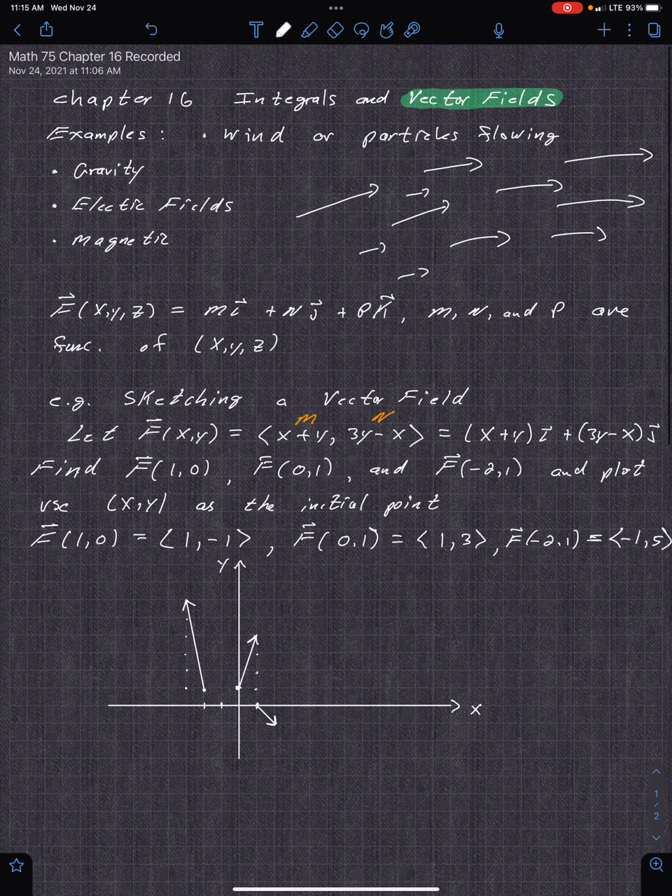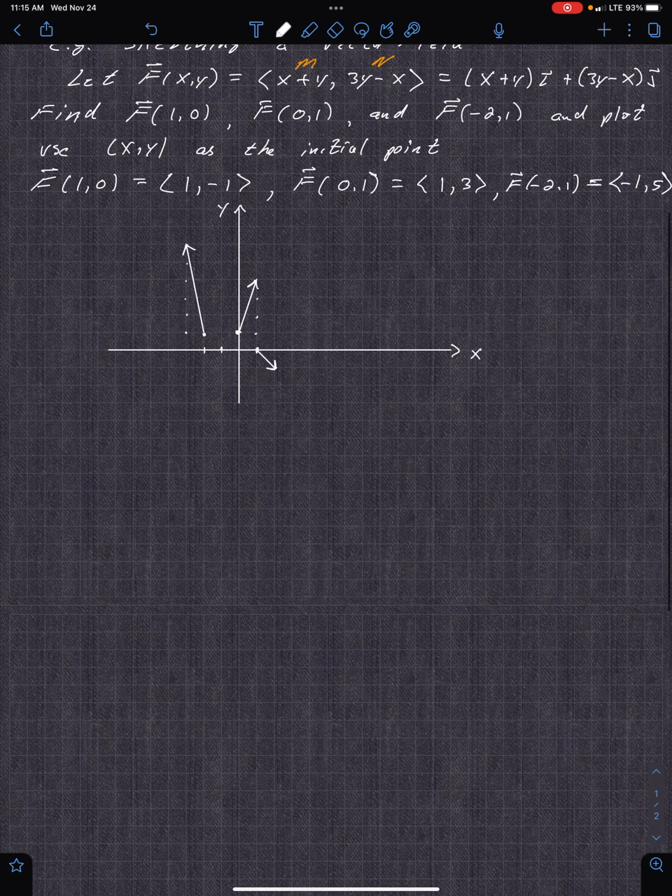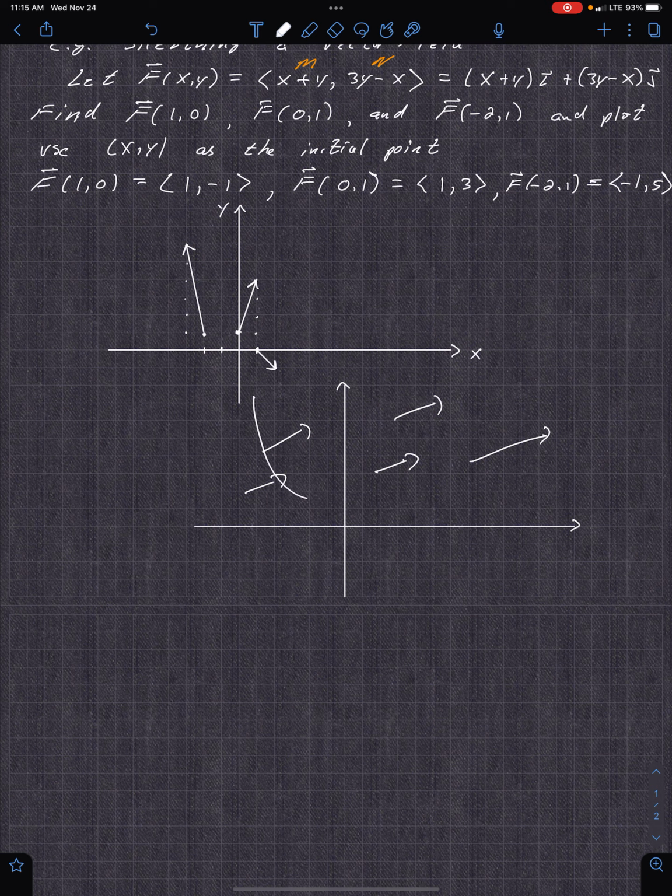Okay, so from here, you get into three-dimensional vector fields. And the next stage to this is we look at integrating with a vector field. I'll show you this idea. You have some vector field doing its thing like this, but then we put maybe a path of a particle through that vector field.